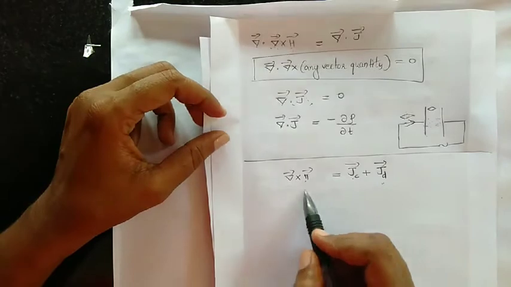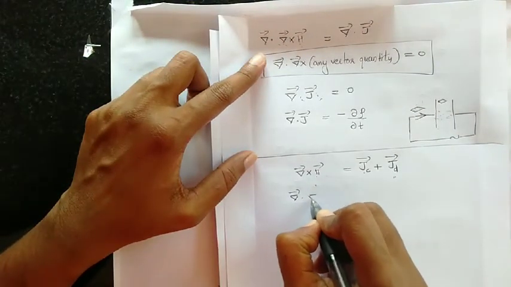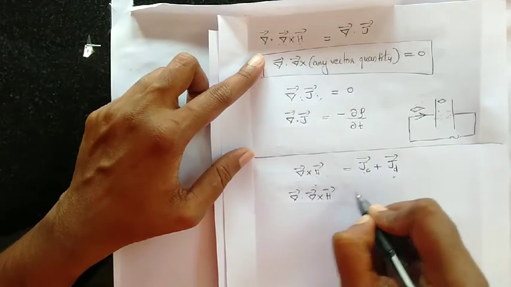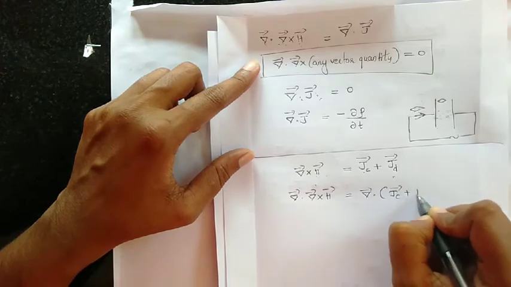Now if you take divergence on both sides, it becomes del dot del cross H is equal to del dot of (JC plus JD).